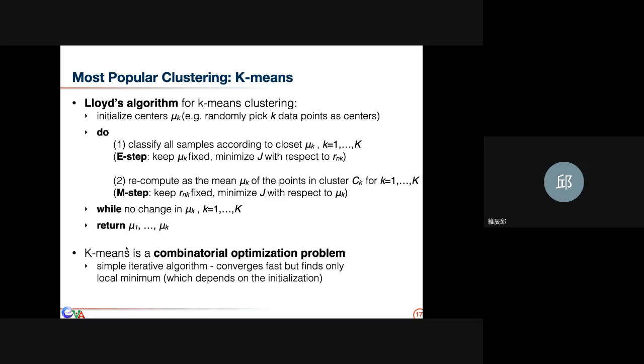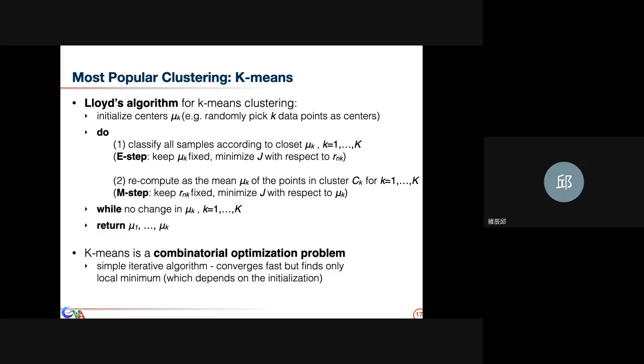Okay, so k-means itself is a combinatorial optimization problem. A combinatorial optimization problem consists of finding an optimal solution from a finite set of possible solutions.